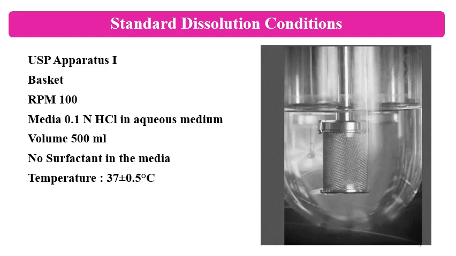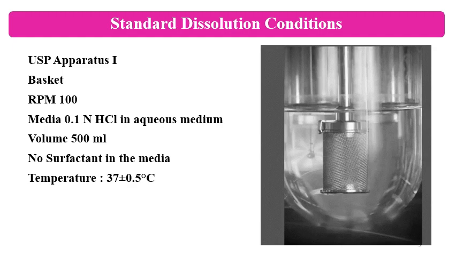So the standard dissolution conditions are as given in the slide. USP apparatus 1 basket, RPM should be 100 RPM. Lower RPM can also be selected, but the standard RPM given in the guideline is 100 RPM. Media should be 0.1 normal HCl in aqueous media.